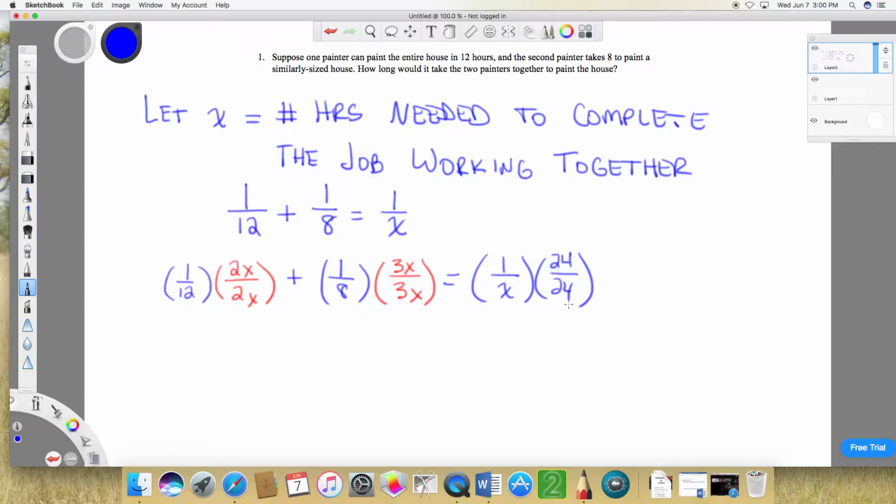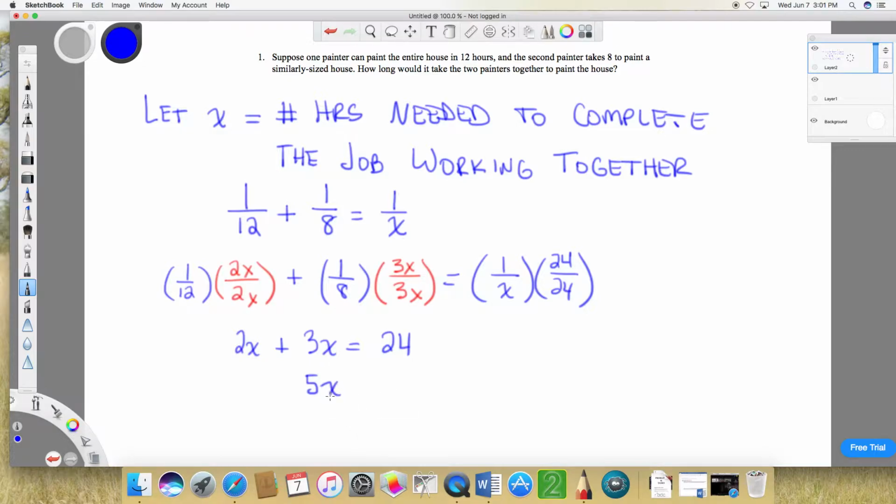If we multiply both sides of this equation by that common denominator, all of these denominators would cancel. So we've got on the left this term 2x, this term 3x, and this equals 24.